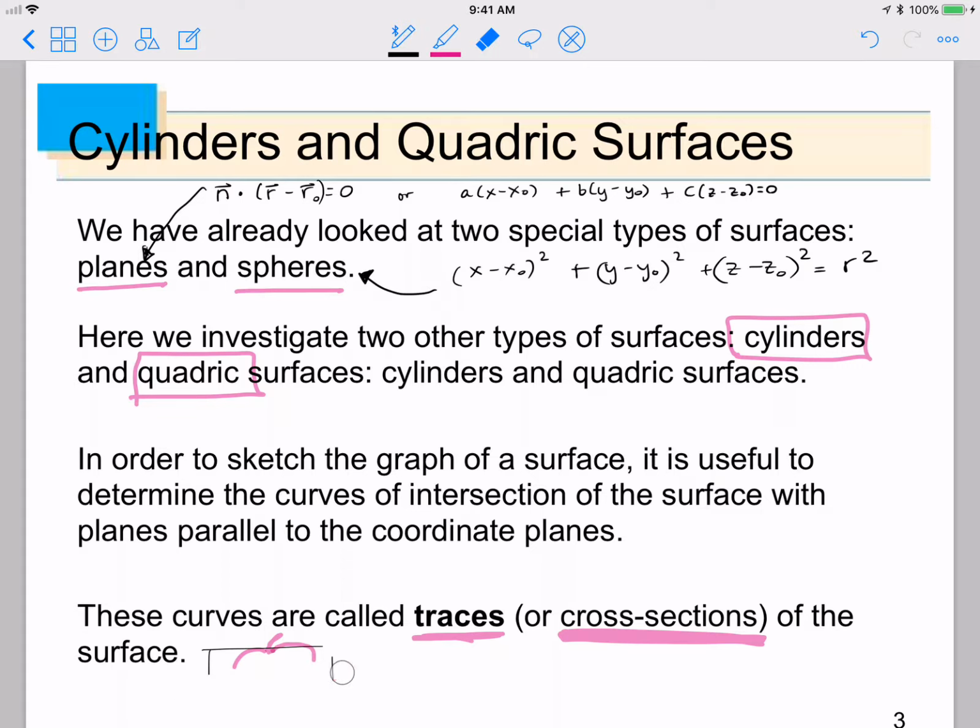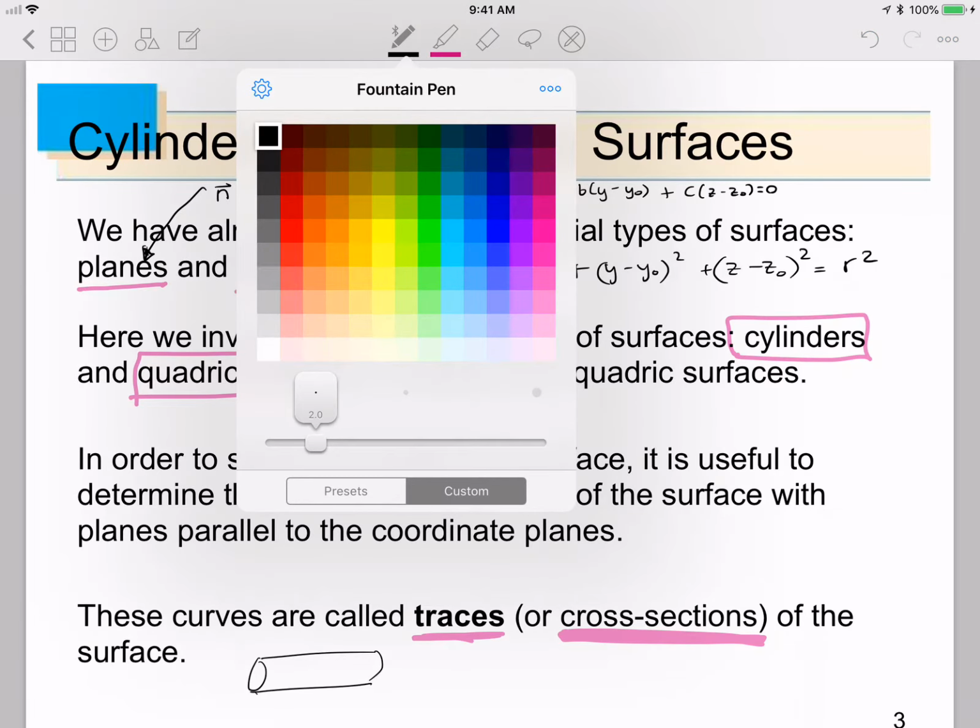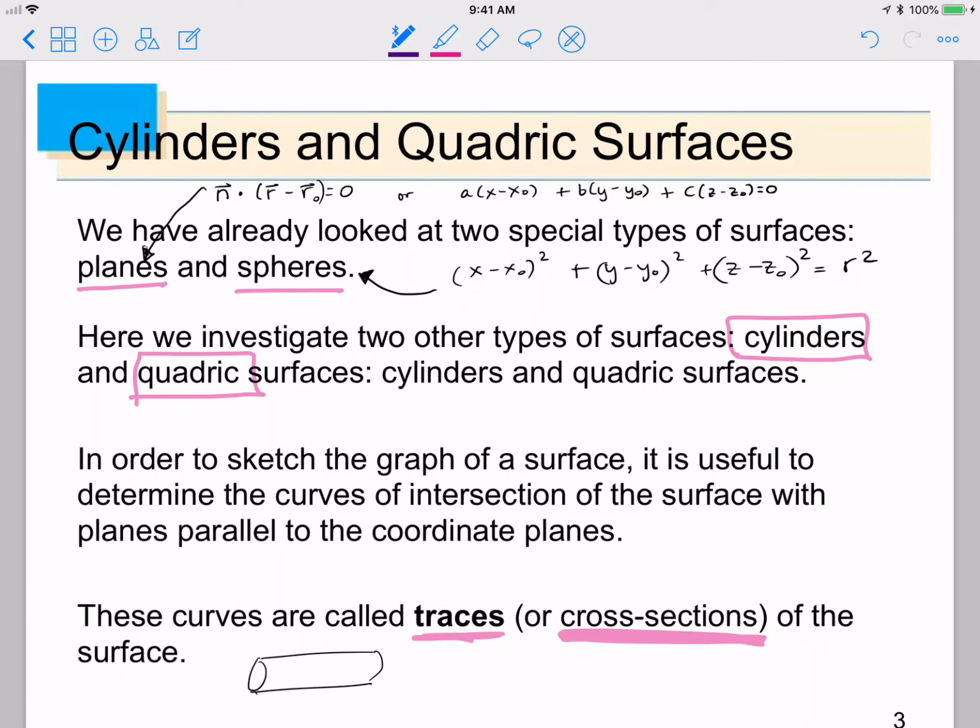Just to make sure we're on the same track here, imagine you had a cylinder like this. If you take cross sections that are like this, what does a cross section look like? The answer is a circle.